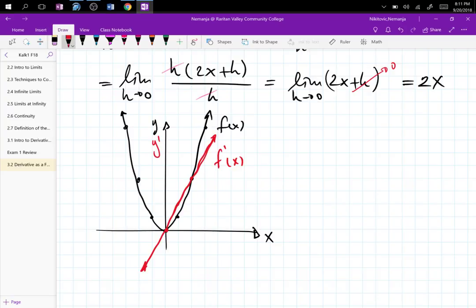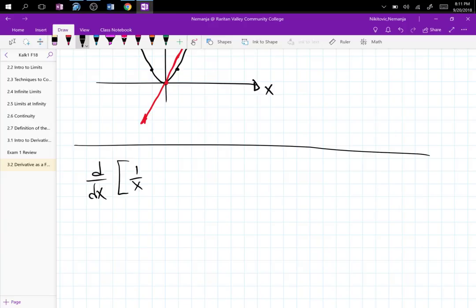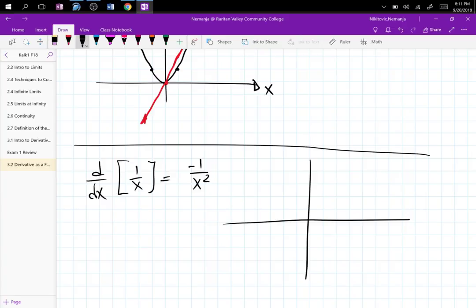So we can do this now for other functions as well. Skipping our limit proof and all of this stuff, we did last time the derivative of 1 over x, and we had negative 1 over x squared. Now I can graph both of those on the xy plane.